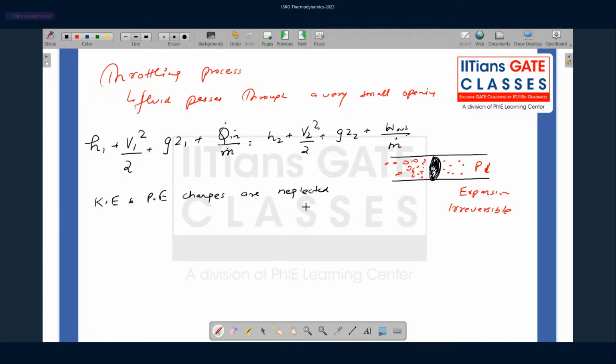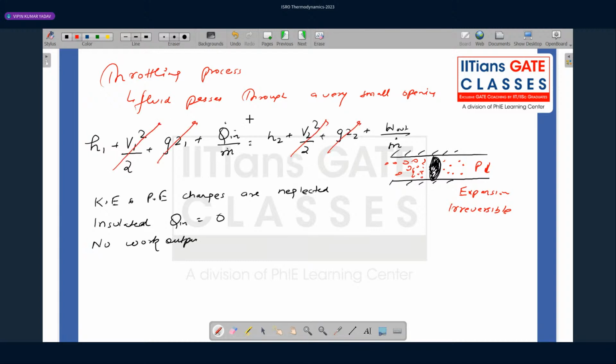Also, this pipe is insulated, so Q in is equal to 0. No work output as well. So if you neglect kinetic energy, this will be neglected.